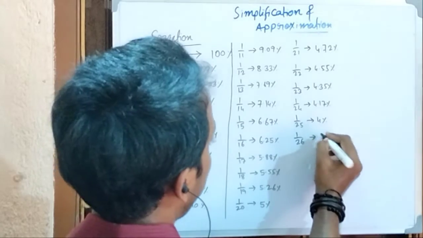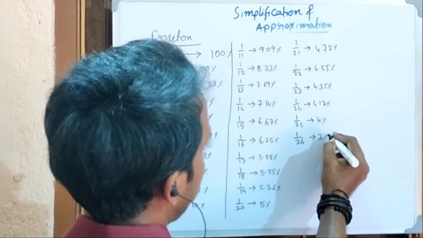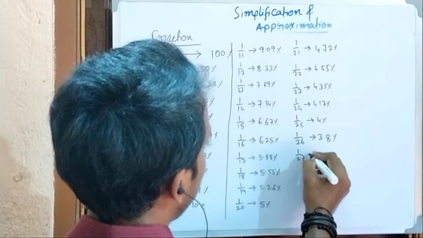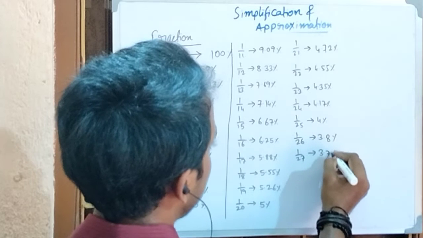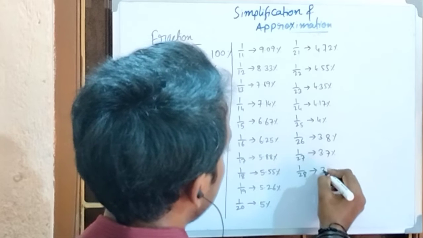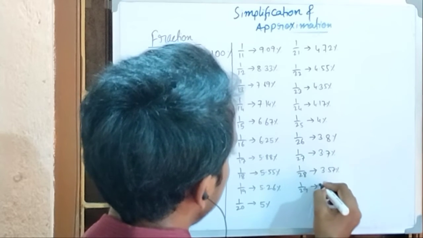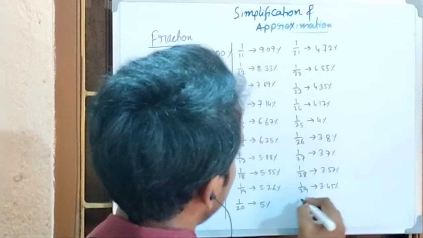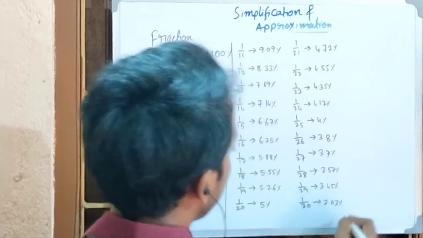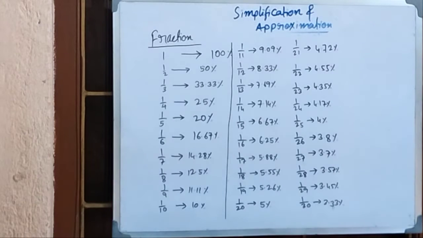Then 1 by 26. This would be 3.8%. 1 by 27, 3.7%. 1 by 28, 3.57%. 1 by 29, 3.45%, and 1 by 30, this would be 3.03%, 3.33%, right?